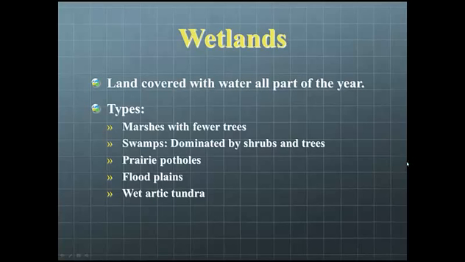Another class of aquatic ecosystems is wetlands. Wetlands are land that's covered with water for part of the year. They're usually characterized by hydric soils, soils which hold on to water and don't drain very well. Some of the types are marshes, swamps, and estuaries, and they're dominated by specific types of plant life.